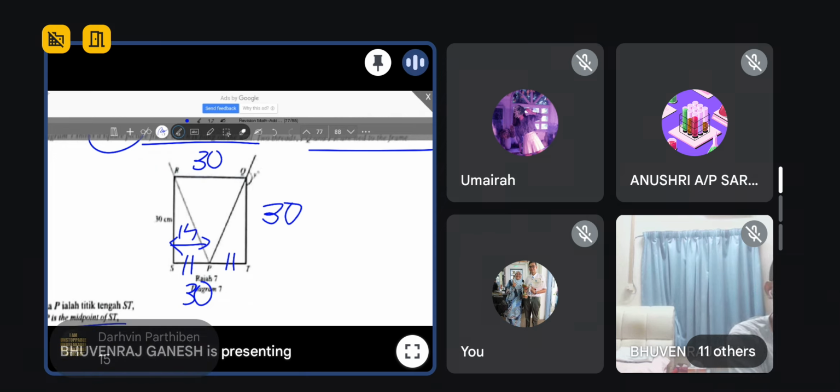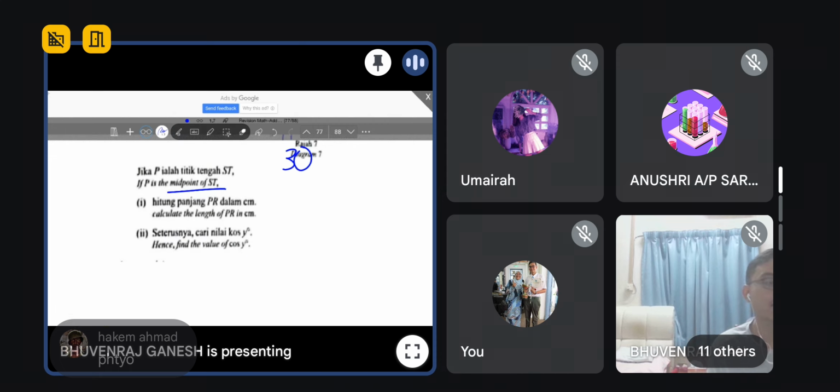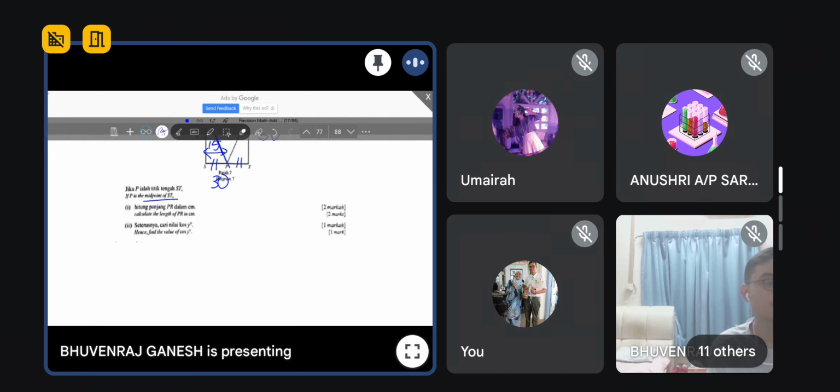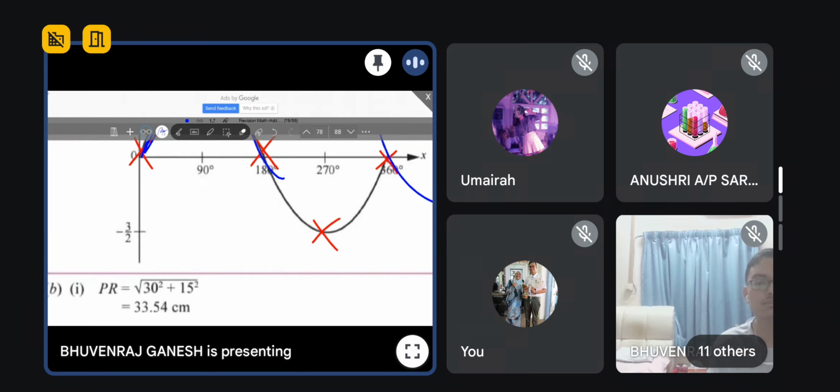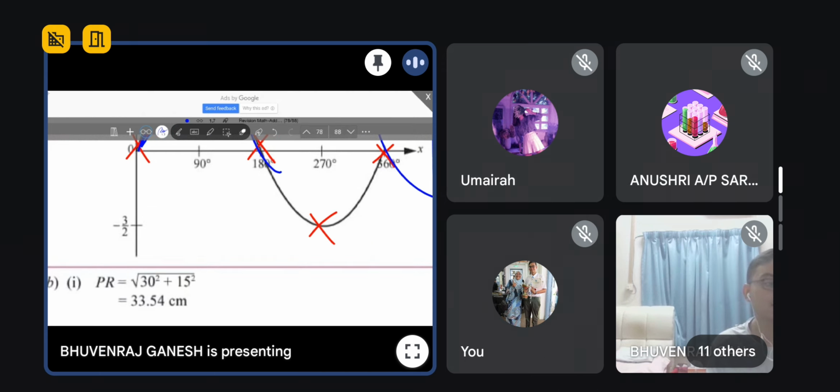Yes, the answer is 15 because it's the midpoint. Titik tengah. Okay, so guys, can you all now count PR? I think you all can count already, right? What is the theorem you all use to count PR? Yes, Pythagoras theorem, correct. So you just need to show this one, 30 squared plus 15 squared. So this is panjang PR.